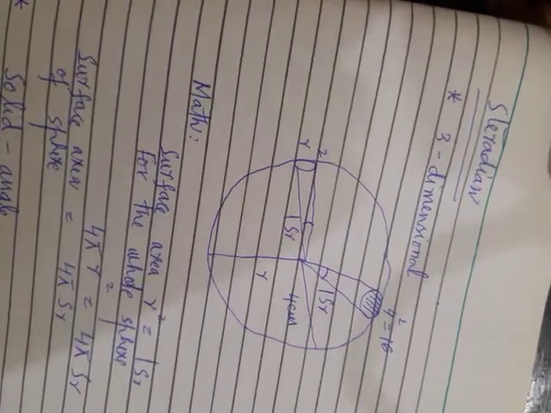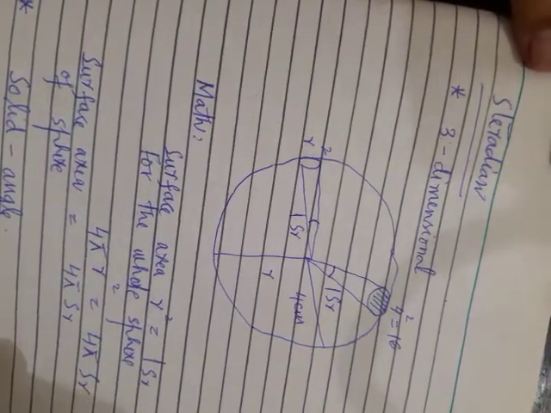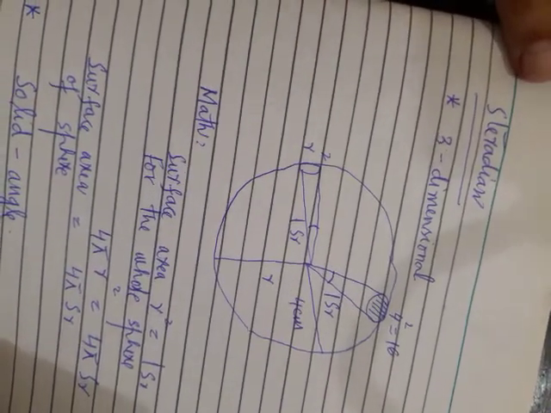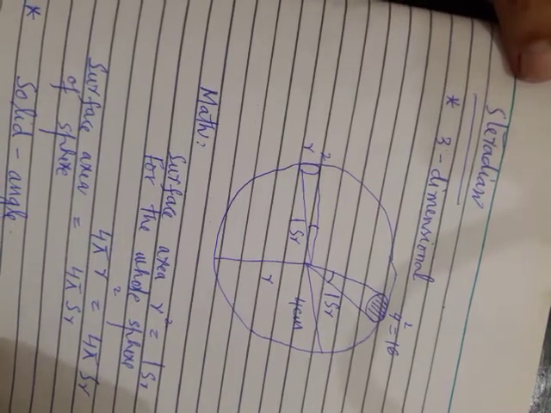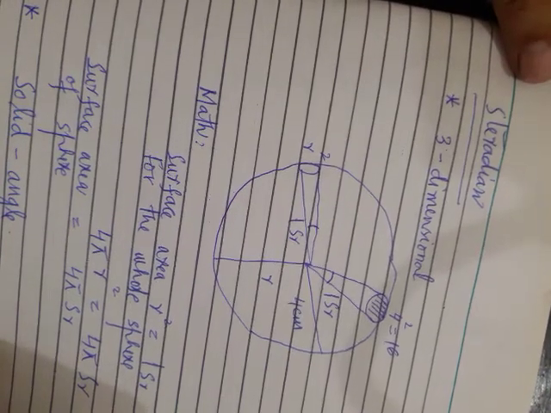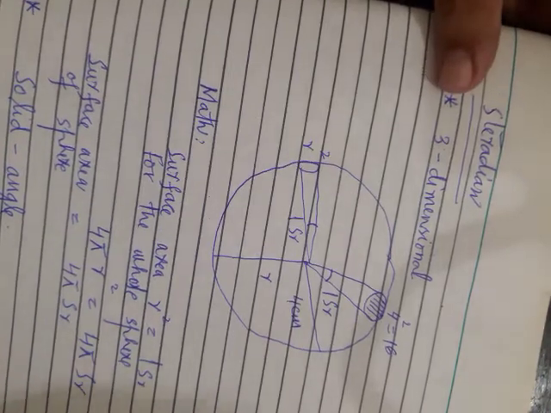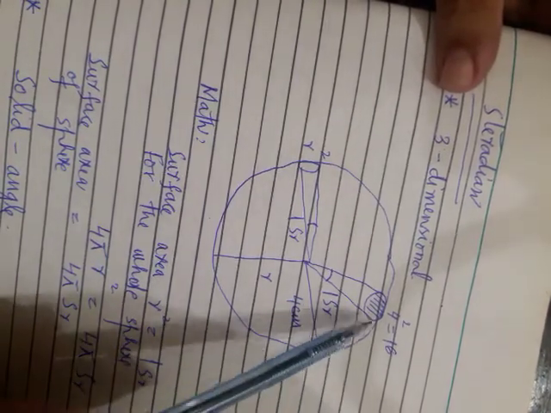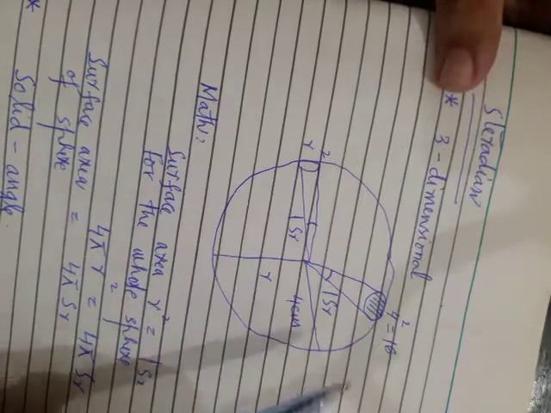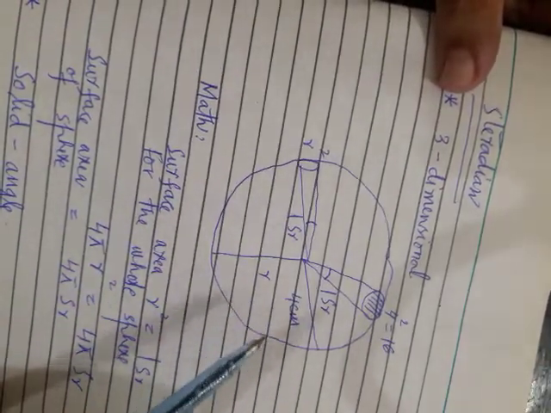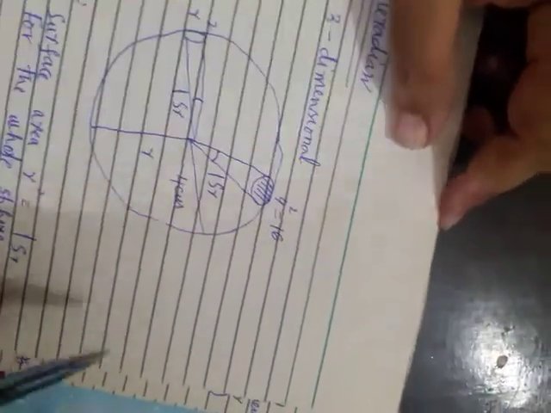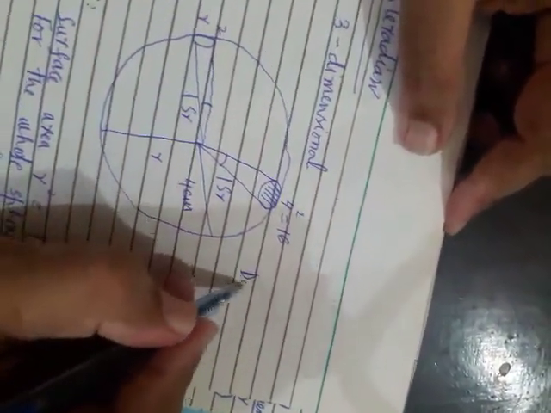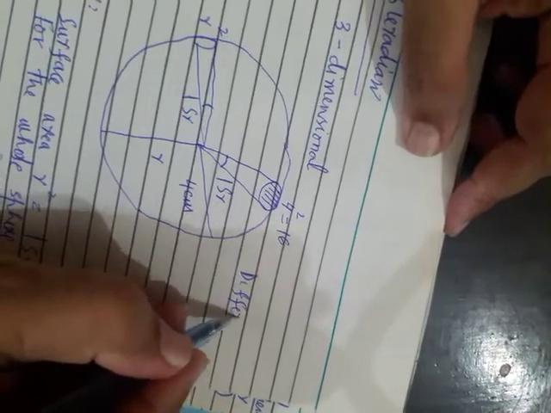Let us repeat once again. Steradian is a three-dimensional angle. Sometimes we call it solid angle. Let us explain it again. For example, we are considering a spherical surface, and again there comes a question: what is the difference between a sphere and a circle?